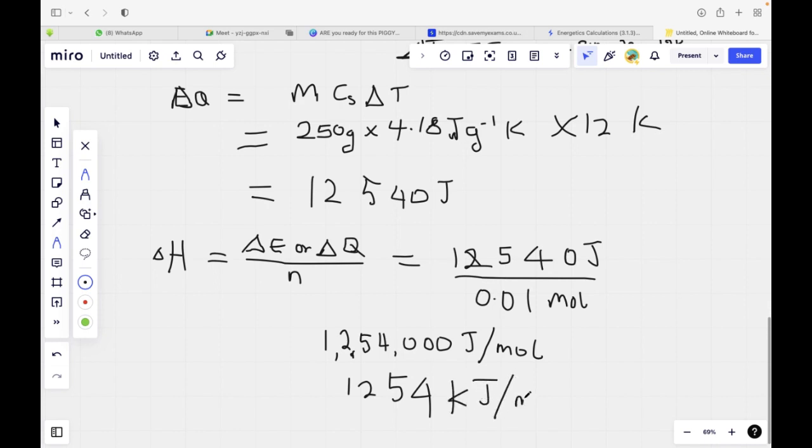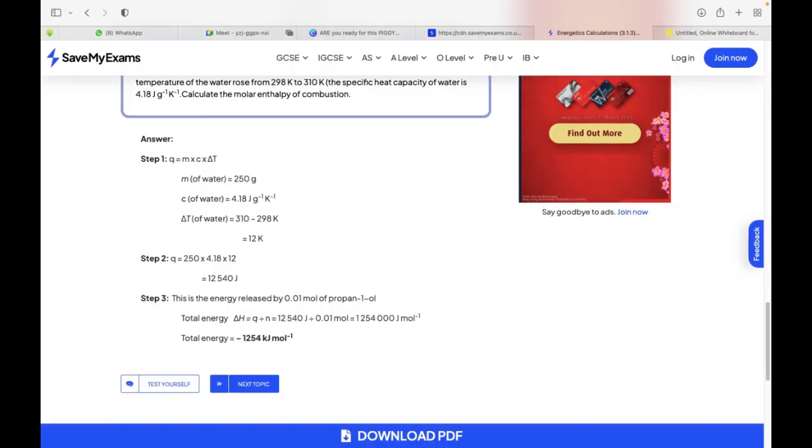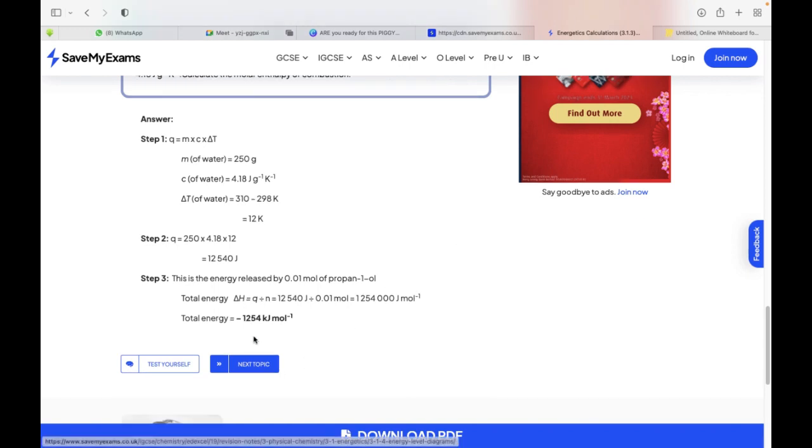This is the amount of molar enthalpy change that has occurred in this calculation. Is that okay? The negative sign shows that it is an exothermic reaction.